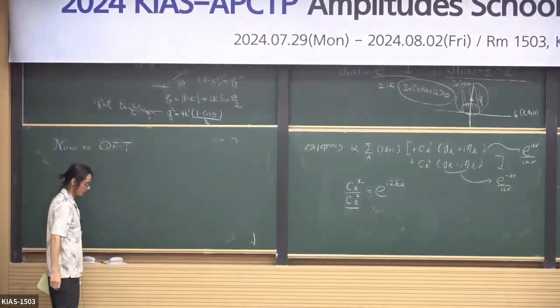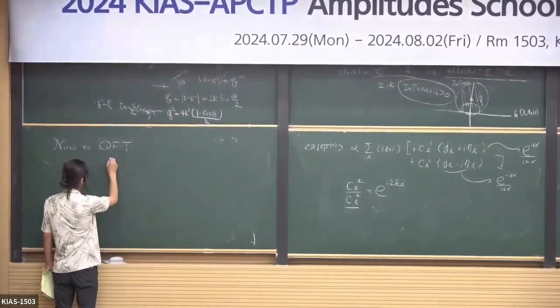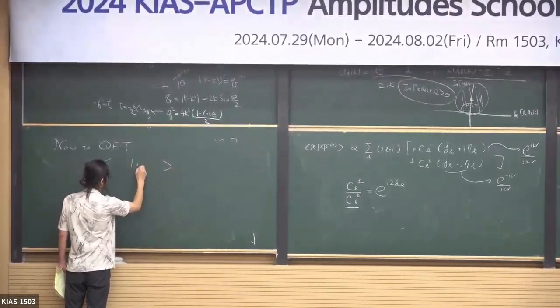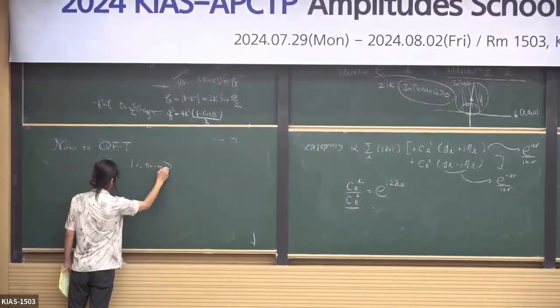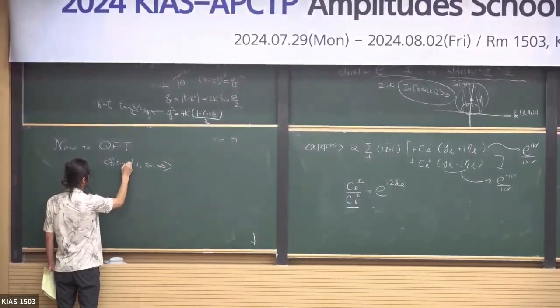Usually people introduce the S matrix by saying that what you want to compute is the overlap between some initial state set up at t equals minus infinity and some final state at t equals plus infinity.